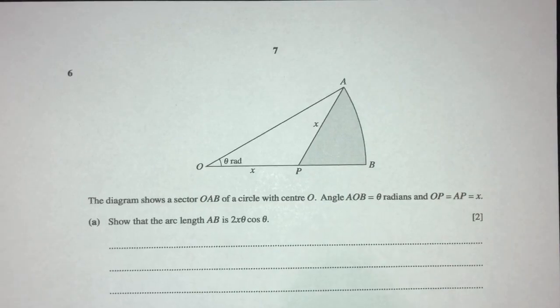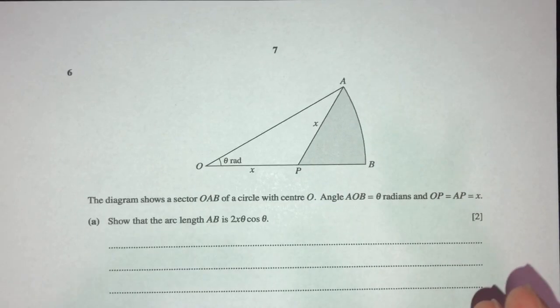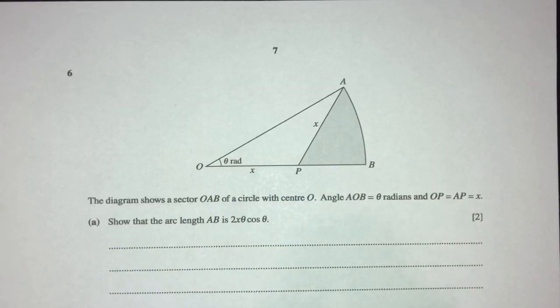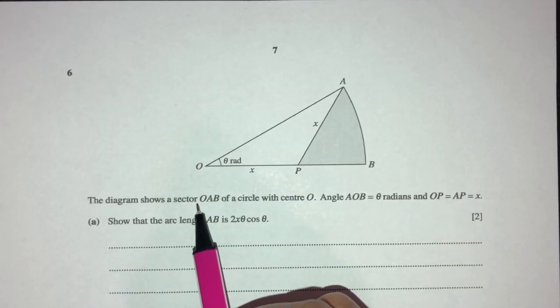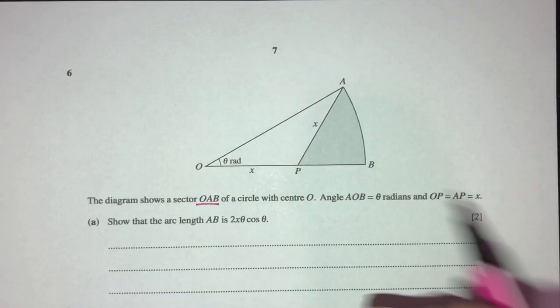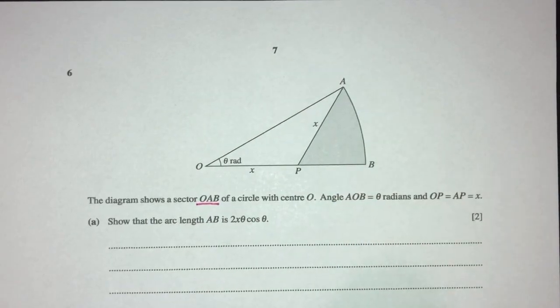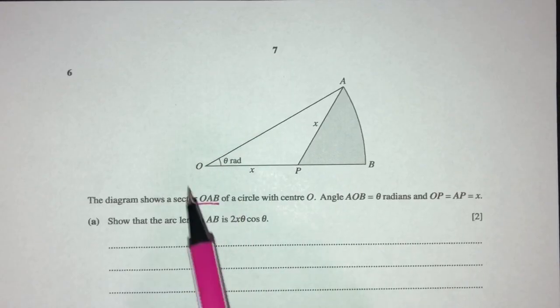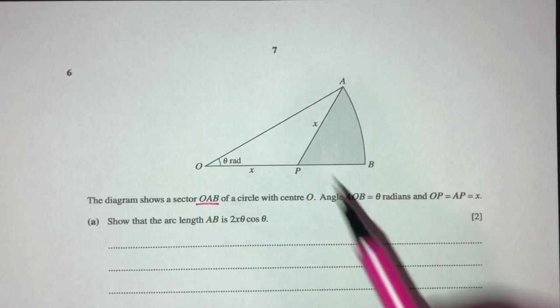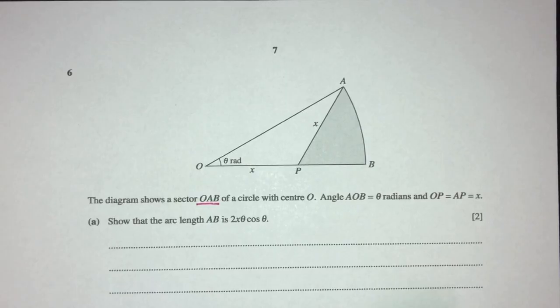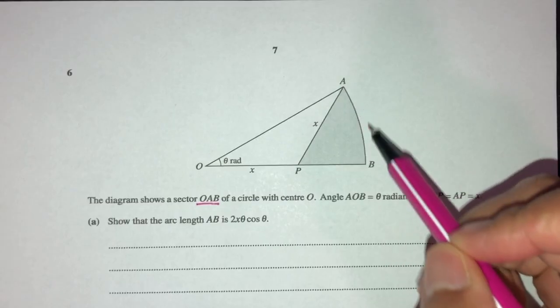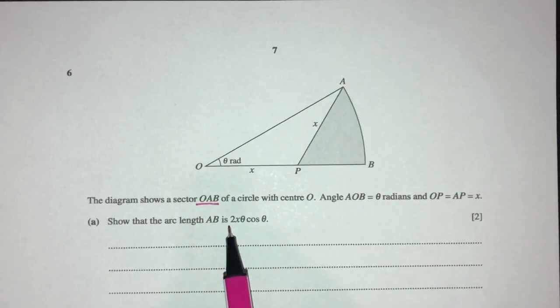Now let's move on to question number 6. The diagram shows a sector OAB of a circle center O, and the angle here is theta, and then here we have X and X. Now question 1, you have to show the arc length AB is equal to this.